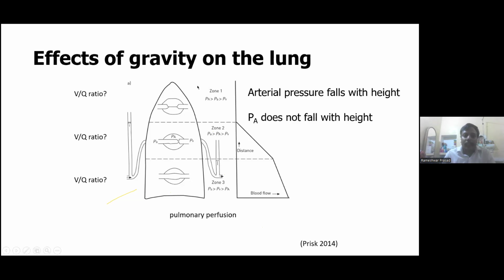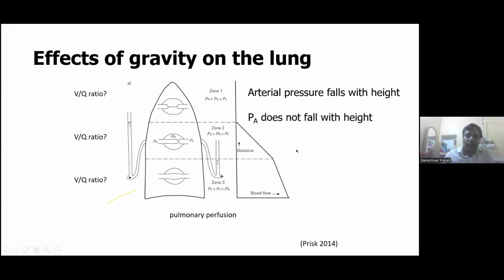Actually, in the 1960s, a researcher named West gave this categorization of zones of the lungs. The lower zone, the middle zone and the upper zone of the lung have some differences.